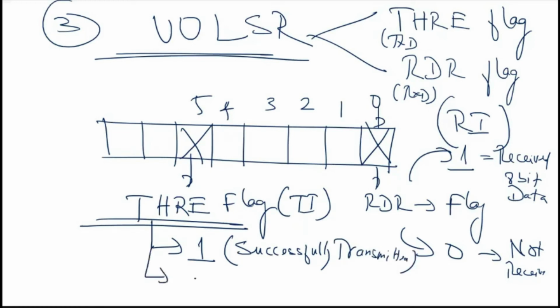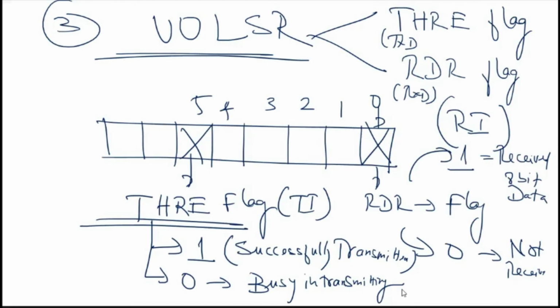If it is equal to 0, that means the microcontroller is busy transmitting. If it is busy transmitting, or not transmitting at all, then you will have a 0 value there. If the transmitter has successfully transmitted, then it will have a value of 1.